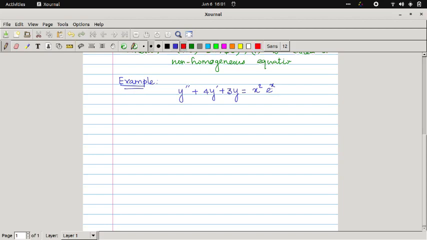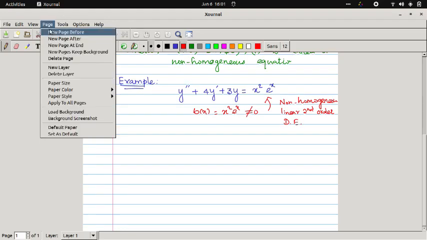The right hand side b of x is x square times exponential of x. It is not equal to 0. So this equation is an example of a non-homogeneous linear second order differential equation, since the highest order derivative here is 2.